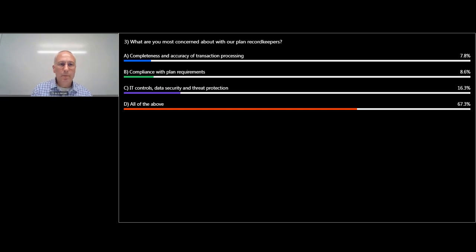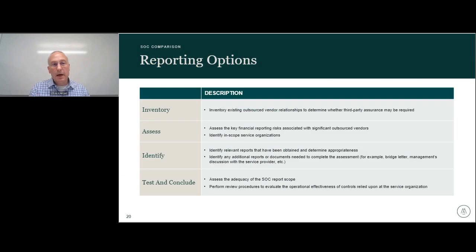Great. So one of the first things I would look at is what reporting options do I have available to me as a consumer of the reports, or if I'm a record keeper, what would I want to provide out to the market? So it's always important to go back and say, if I am a business and I want to go out and understand what my vendors are doing on my behalf, first of all, it's important to understand an inventory of who are my vendors in the first place, who are my third parties that I'm working with.